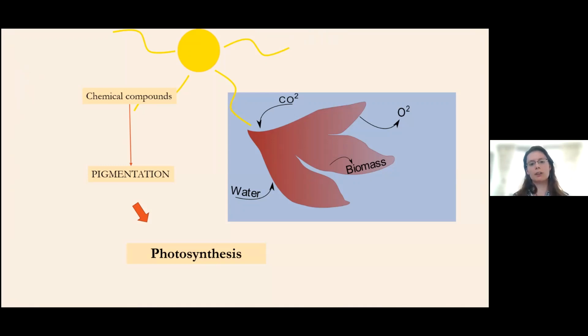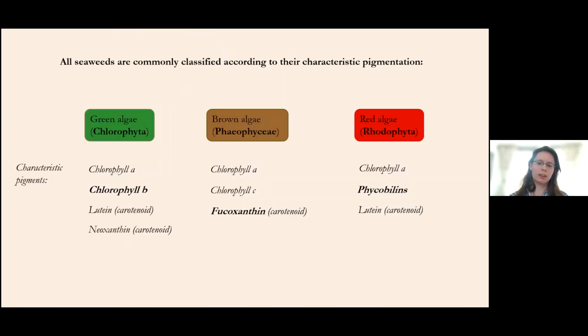And the thing with seaweeds is that pigmentation is one of the main classifications used to classify the seaweeds into three different groups. So you have the green algae, the brown algae, and the red algae, which each have specific pigments that are not always shared.